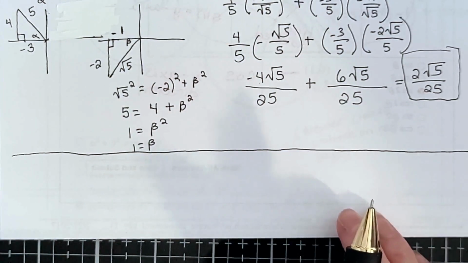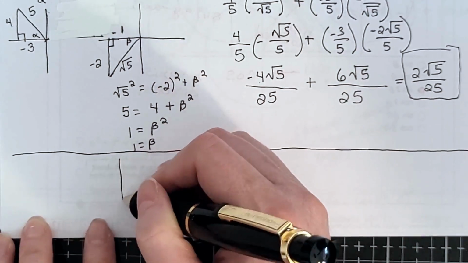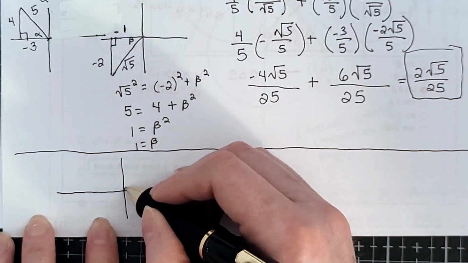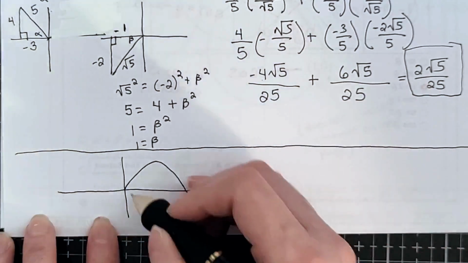All right, and the last type of problem that could be on there is they're going to give you a graph. So we'll do the normal sine graph here.